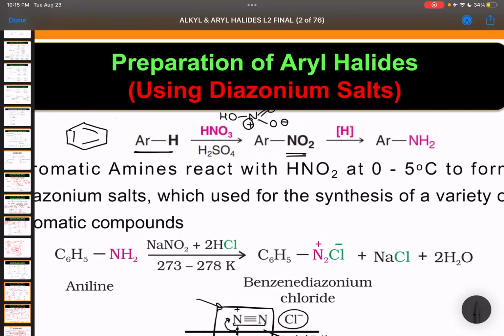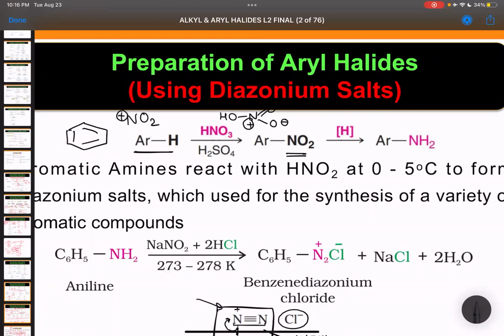So it is there in all the labs. But from this nitric acid, I need to generate an electrophile, an electron-loving species, NO2 plus. Why can't NO2 minus fulfill the purpose? If we get NO2 minus, it will not attach itself to the benzene because it will be repelled by the benzene, because benzene itself has a lot of electrons on it, and NO2 minus also has electrons.